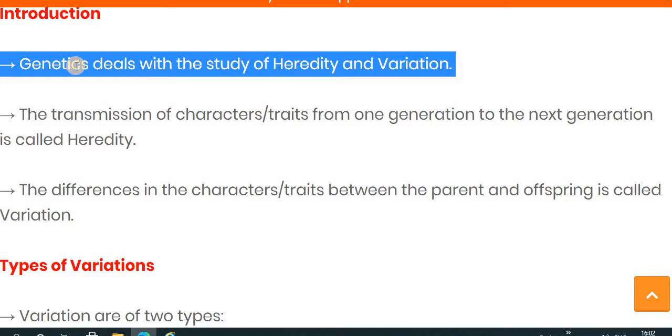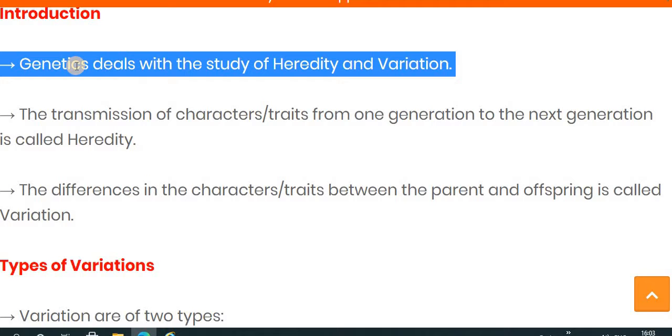Heredity means whatever characteristics are possessed by the parent are transferred to their offspring. That transmission of characters, or traits, from one generation to another is called heredity. And variation means that while transferring characteristics or traits from one generation to another, some differences occur in the characteristics.